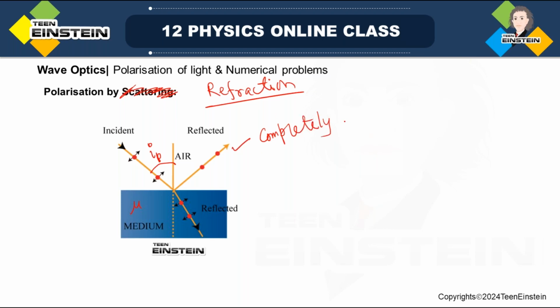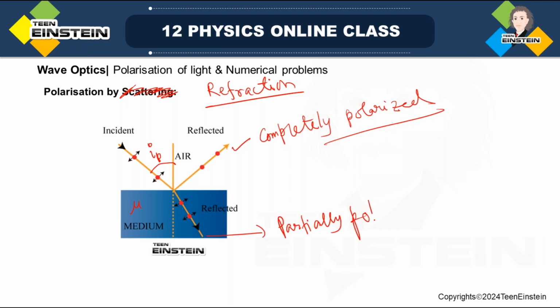This reflected ray is completely polarized. But what about the refracted ray? This will be partially polarized. I'll explain the theory behind this.